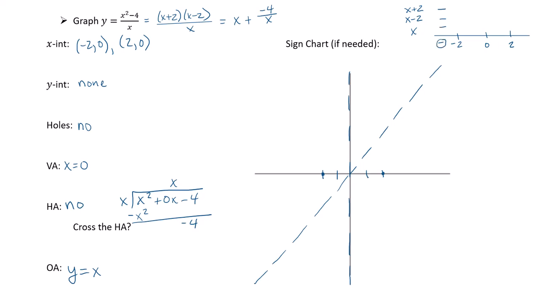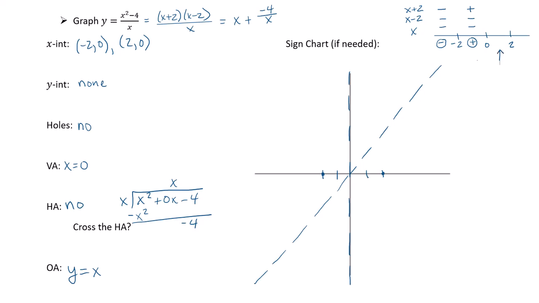So this is a negative interval. Between -2 and 0, let's test a -1. -1 plus 2 is positive, -1 minus 2 is negative, and -1 is negative. An even number of negative signs means I have a positive interval.